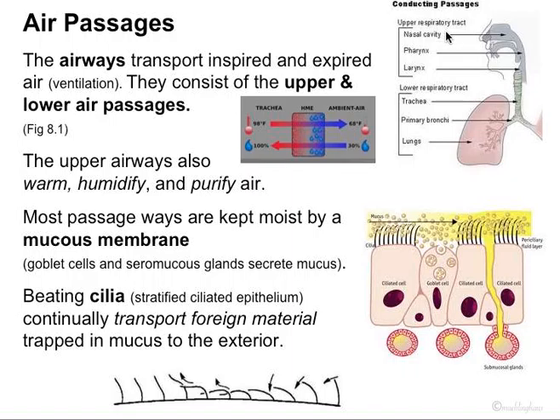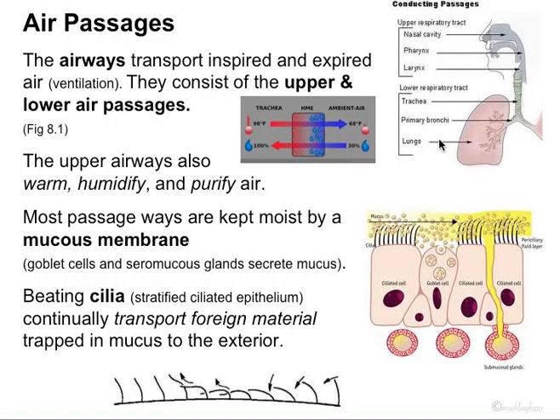We have the upper respiratory passages, the upper air passages or respiratory tract. We have the nasal cavity, the pharynx, and then the larynx. And then we have the lower respiratory passages, and those are more specifically for air. We have the trachea, the primary bronchi, and then we have the lungs.